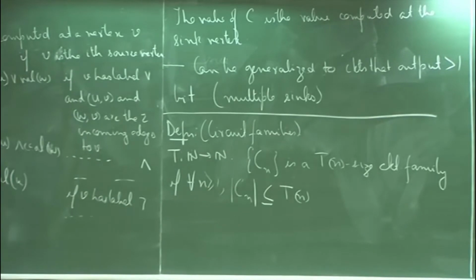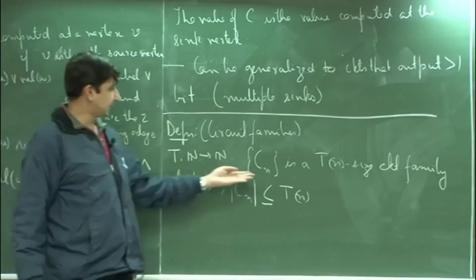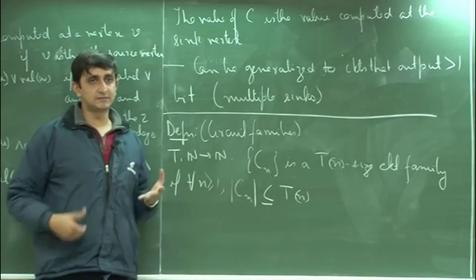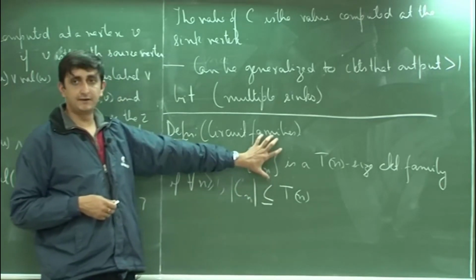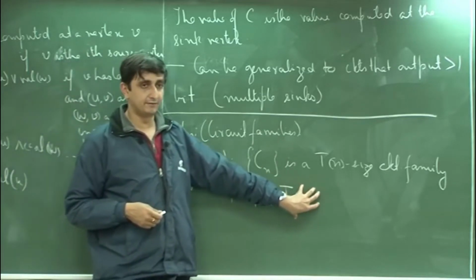Basically this allows us to look at a circuit family of a certain size. For every n I want that particular circuit to have size no bigger than T of n.